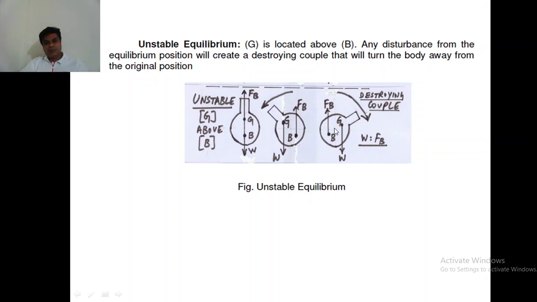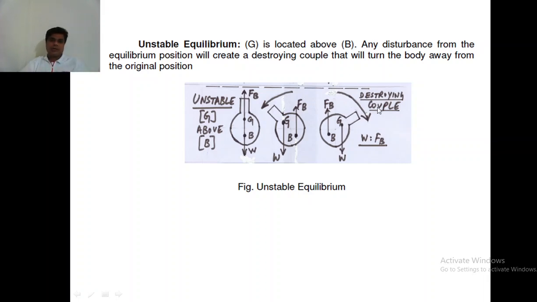G and B will be repositioned and a couple will be formed, and the couple is also acting in the clockwise direction. So the object is rotated clockwise, the couple is also acting clockwise, and it will add up. Both the forces will try to rotate the object and make it fall inside the fluid.